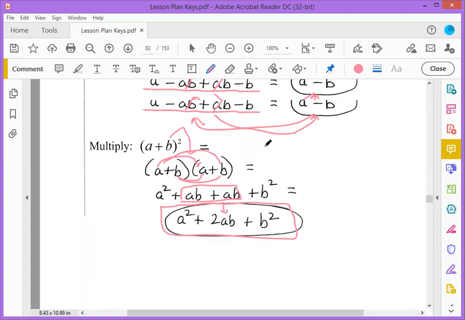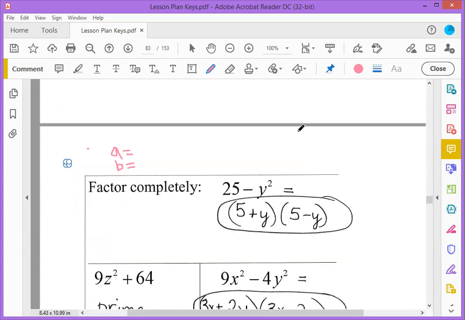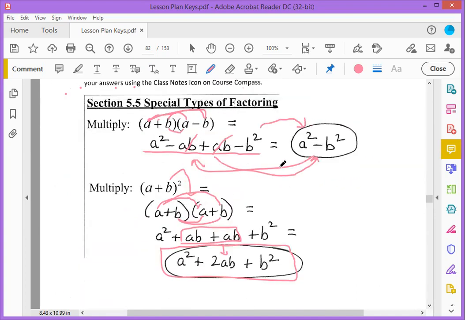Remember from before, we had a squared minus b squared, so we're looking for that a term and that b term. Once we find them, we factor using this method: we take the sum of the a and b terms, a plus b, and then the difference of the a and b terms, a minus b.